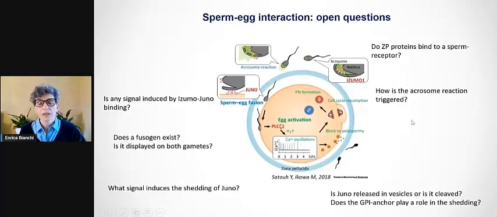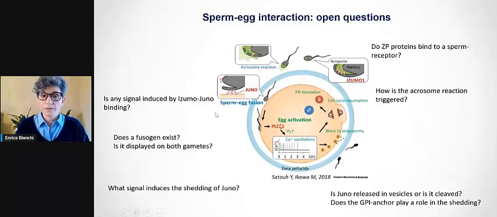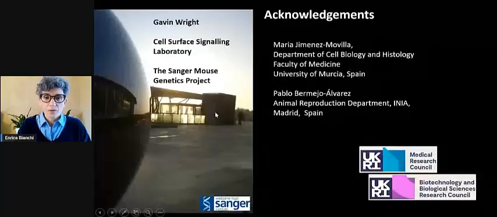So there are still many questions open in the field. Possibly the most pressing one is the identity and existence of a fusogen, but there are also other questions that would hopefully be investigated and answered over the next years.